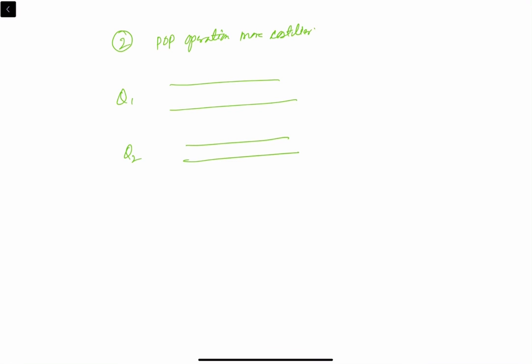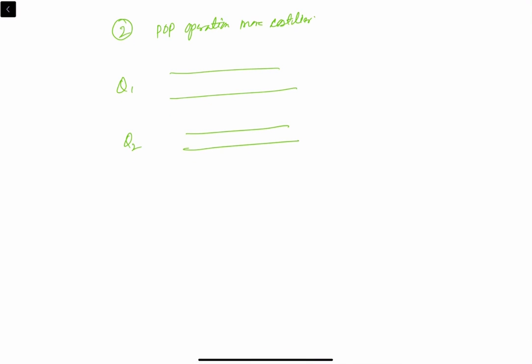Now the second method is where we make this pop operation costlier, right? So how will we make the pop operation costlier? We'll take two queues again, Q1 and Q2. We'll not rename in this method. The idea is that whenever we want to do pop, we will dequeue all elements from Q1 till the last element is left.